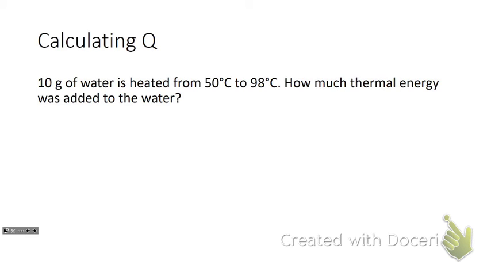So which formula are we going to use? Q equals mc delta T. Perfect, okay? And if there was a phase change, it's right behind Harrian's head, we would use our heat of fusion or heat of vaporization formula, okay? So when there's no phase change, just a temperature change, we use Q is equal to mc delta T. Okay, so our mass is right here, so we have mass is 10 grams.